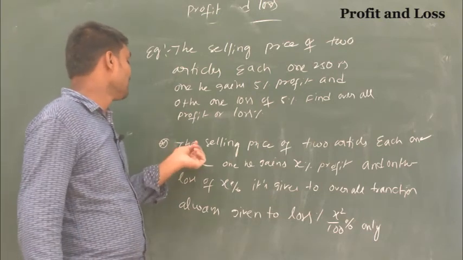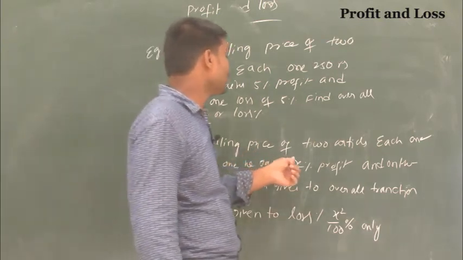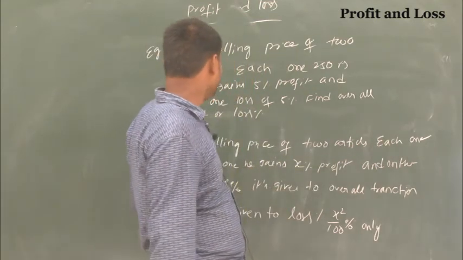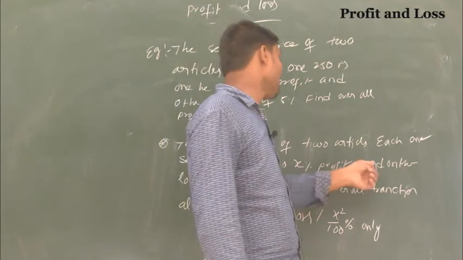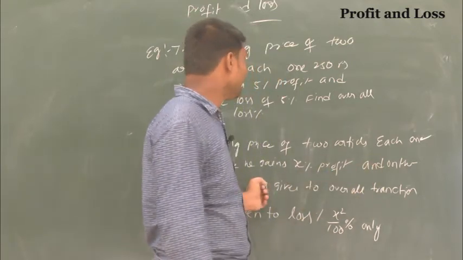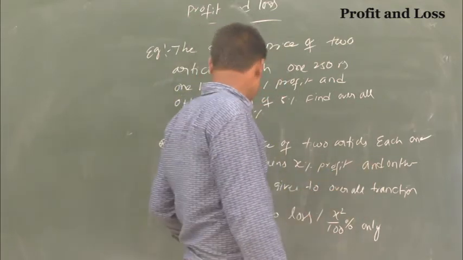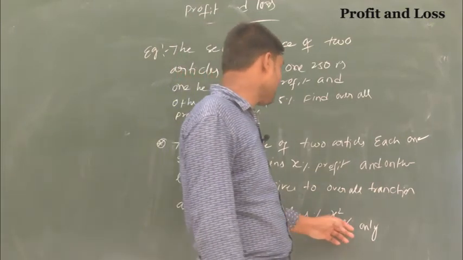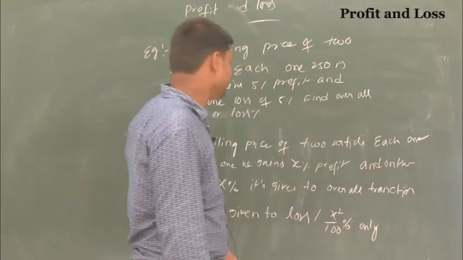Here the selling price of the two articles is the same. One gains X% profit and the other loses X percent, so the overall transaction is always a loss of X square by 100%.